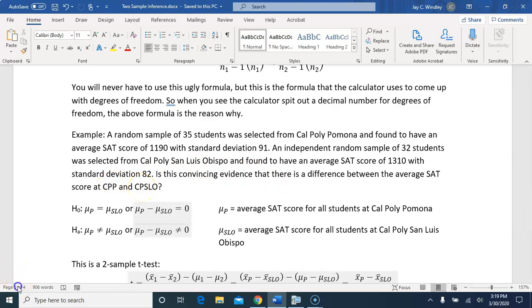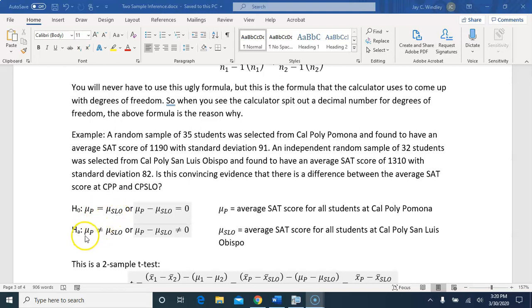So just as in a one-sample t-test, we start off our two-sample t-test by writing a pair of hypotheses. The null hypothesis is that the average score at Cal Poly Pomona is equal to the average score at Cal Poly San Luis Obispo.